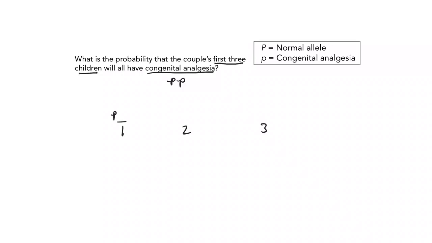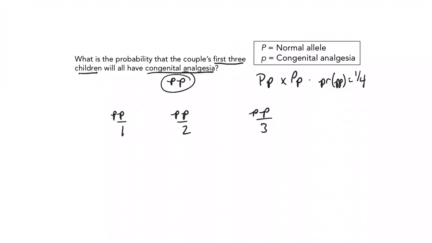They need to have this genotype, and these are little p's. Now, what is the probability of getting a homozygous recessive from a cross of 2 heterozygotes? That's your simple Punnett square. I know that you can work this out yourself, but the probability of a little p is equal to 1/4.